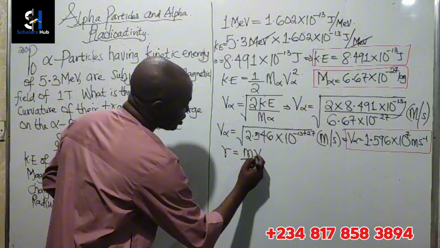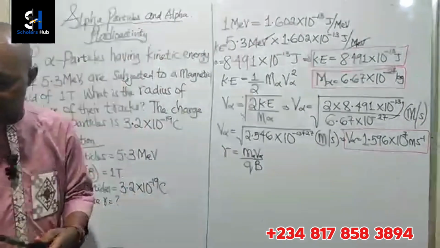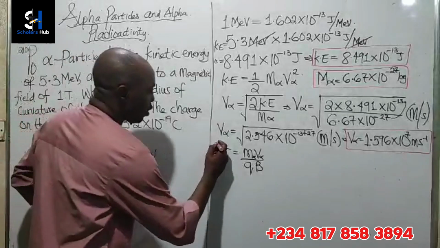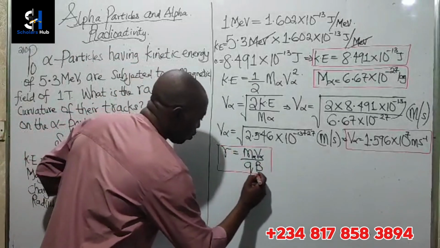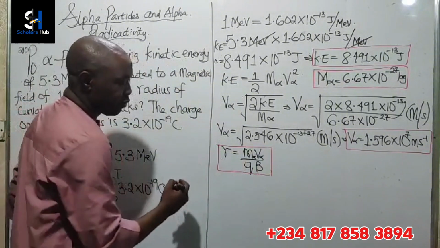So this becomes the mass of alpha particle, and this becomes the velocity of alpha particle. I already proved this in one of my videos. So this is the radius of curvature.